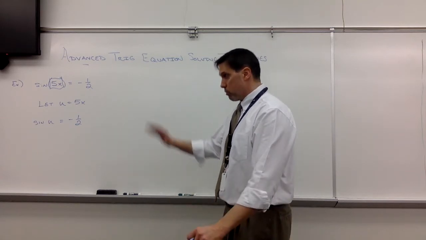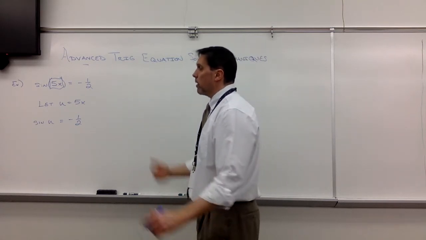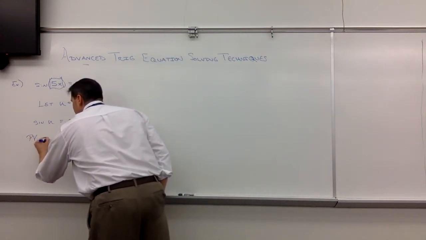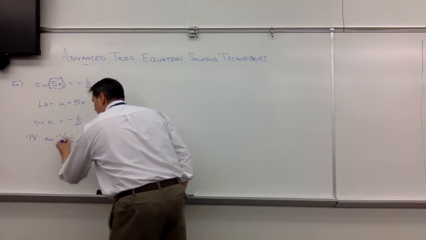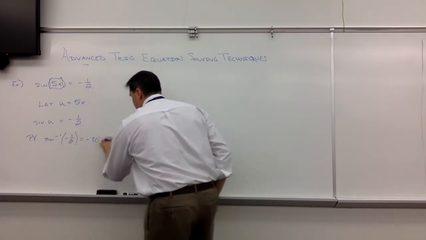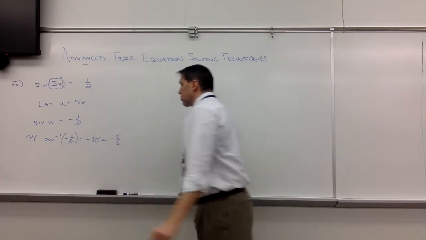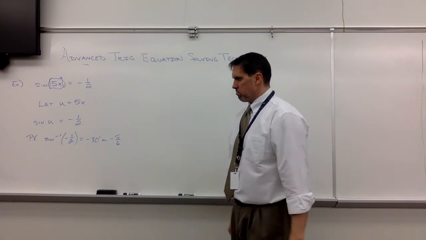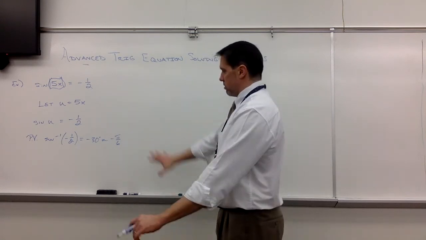Now solving this, we've seen this many times before. We go principal values, you're looking at the sine inverse of negative 1/2, which will be negative 30 degrees or negative pi/6. Right? Let's go with negative pi/6. We'll go radians, just to be different.